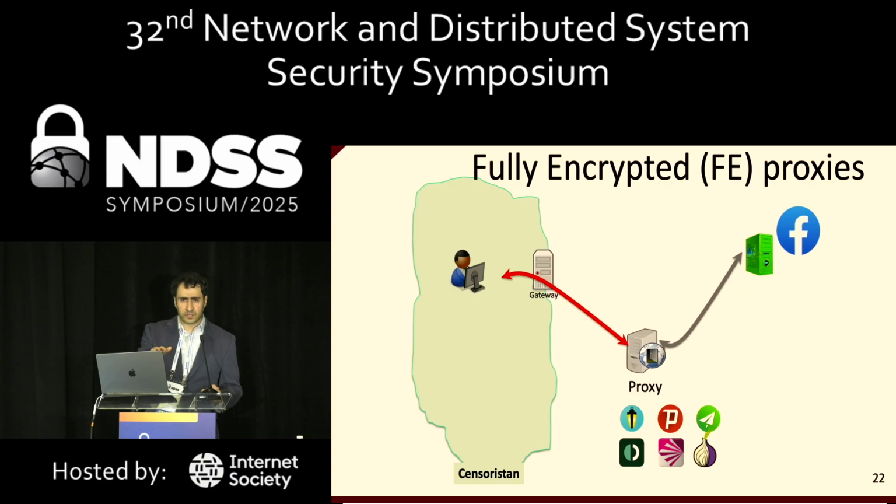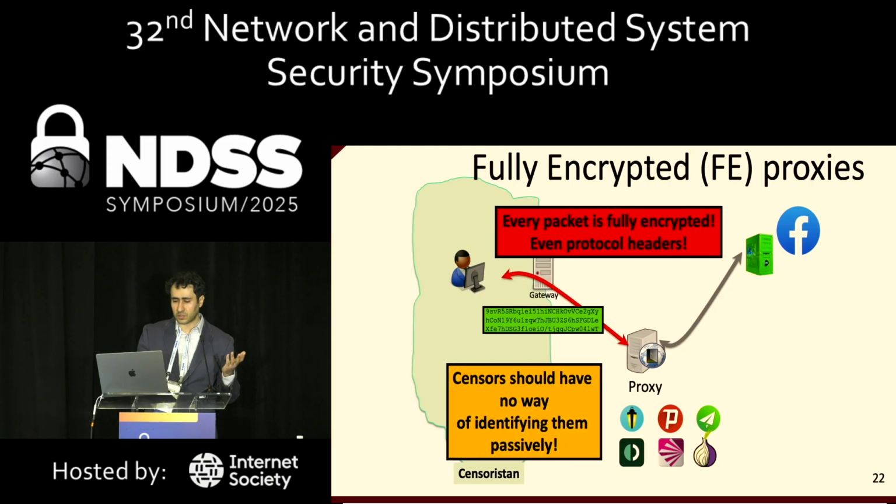So these tools say, let's encrypt the whole damn thing, right? There's nothing unencrypted in the packet. With that idea, hopefully the sensors will not be able to get any signatures out of it because it's fully encrypted, right? Unfortunately, this is an idea that proved to be wrong.